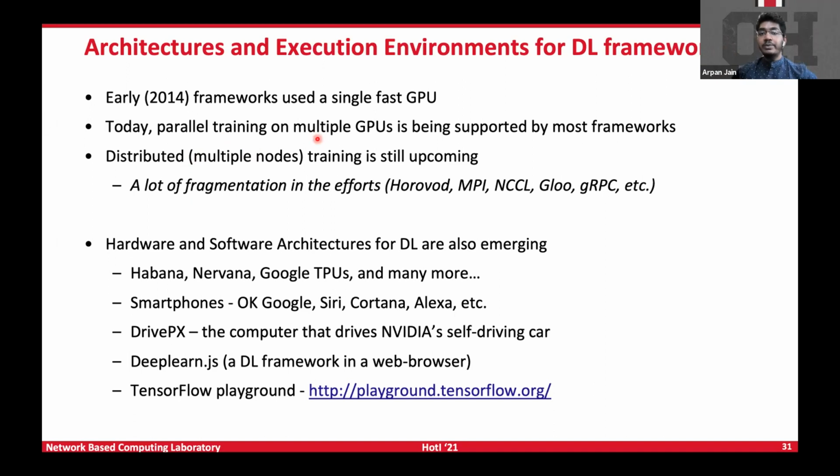By parallel training, I mean that if you have multiple GPUs on a single node, then you can do parallel training. However, distributed training is still upcoming, and there is a lot of fragmentation in the efforts. For example, you can use Horovod, and you can build Horovod with MPI, NCCL, Gloo, or gRPC. So there are a lot of options available when it comes to distributed training.